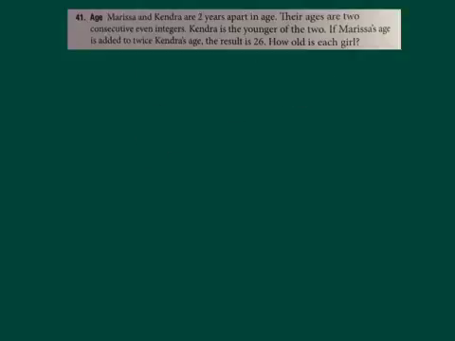So let's look at, just grab one. Let's look at 41. So we've got Marissa and Kendra are 2 years apart from age. Alright, so let's say Marissa and Kendra, how old are they now? Well, they're 2 years apart in age, and Kendra is the youngest. So let's say Marissa is X, Kendra would be 2 years younger.